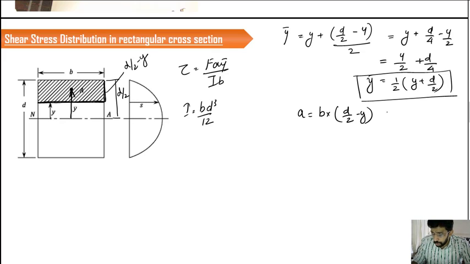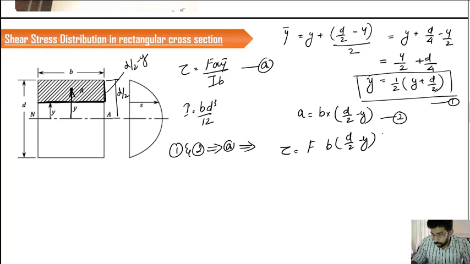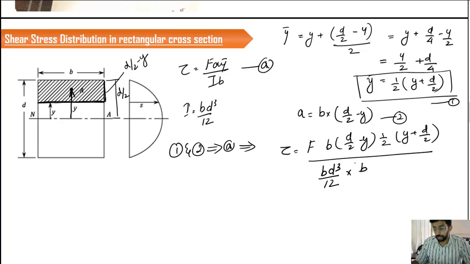Now we will substitute equations 1 and 2 in the shear stress equation. Tau is equal to F into B into (d by 2 minus y) into 1 by 2 into (y plus d by 2), divided by I, which is B d cube by 12, into B.